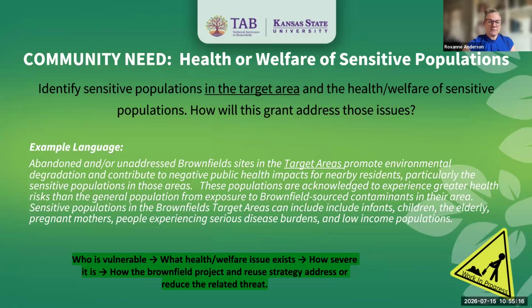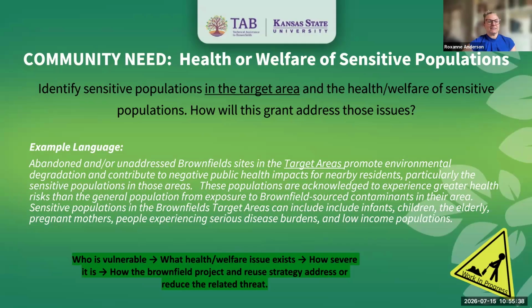All right, so getting more specific about who may qualify as a sensitive population, that could include infants, children, elderly residents, pregnant women, low-income populations, or people experiencing serious disease burdens. But again, simply telling me that 24% of your target area is elderly is not enough. What does that mean?